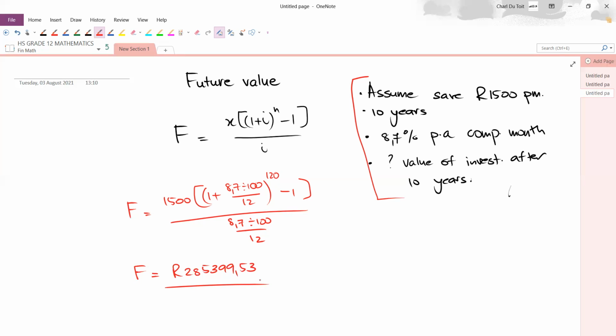Okay, good. Look, what you must realize, I probably won't ask this, but you only basically invested 1,500 Rand times 120. This is the amount you've invested. And that is 180,000 Rand.